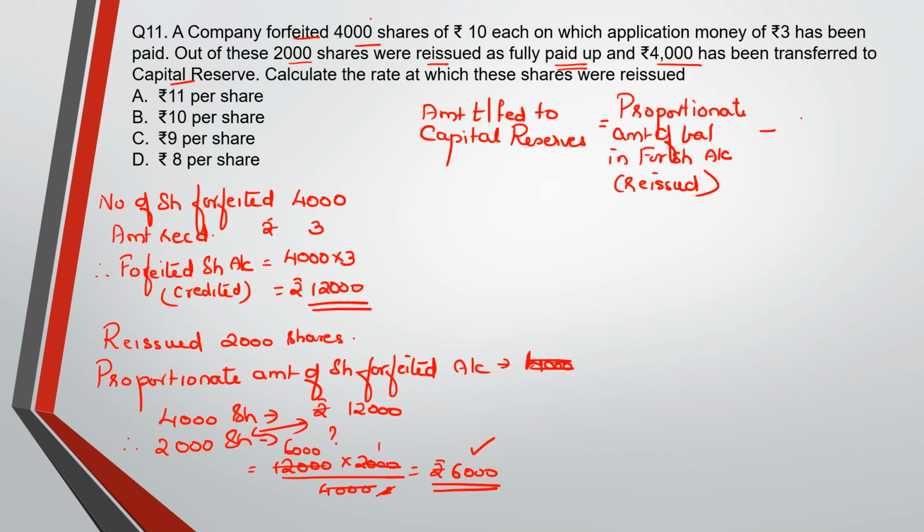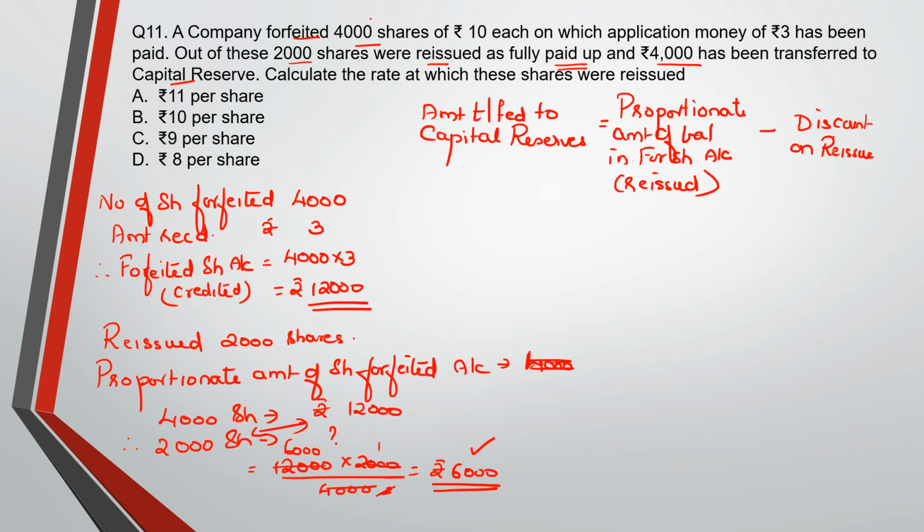From that we remove the discount on reissue. If those shares are reissued at a discount, that discount will be removed from this, and the balance left would only be transferred to capital reserve.